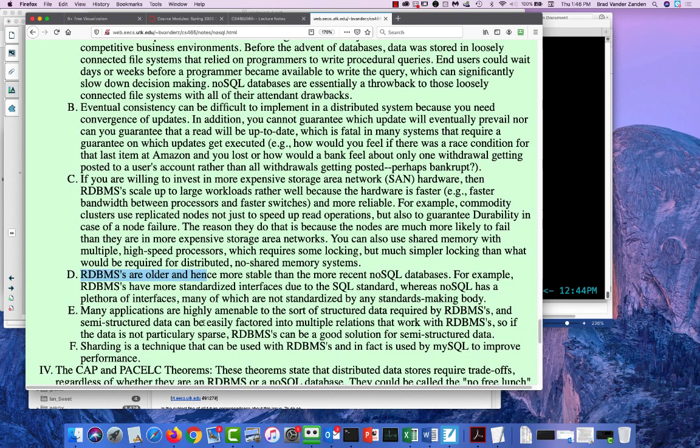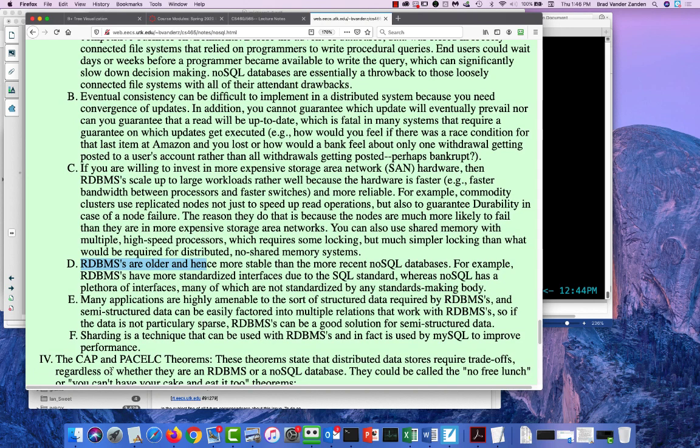Then it turns out that relational databases are not that bad at handling semi-structured data. They just put it in another table. And if it so happens that your data is dense and not sparse, then it probably is a good idea to put it in a different table rather than using attribute value or key value pairs to represent the data.